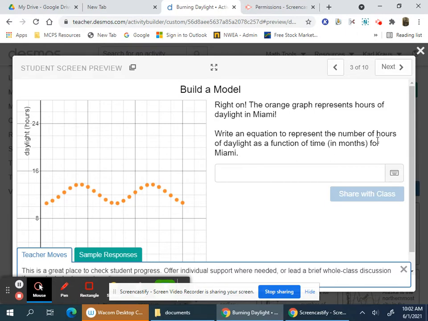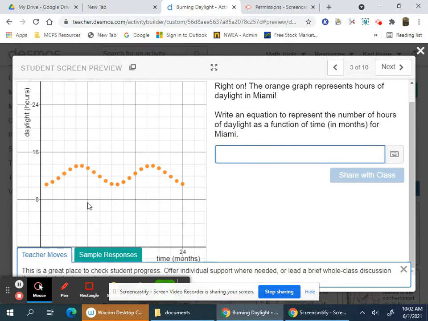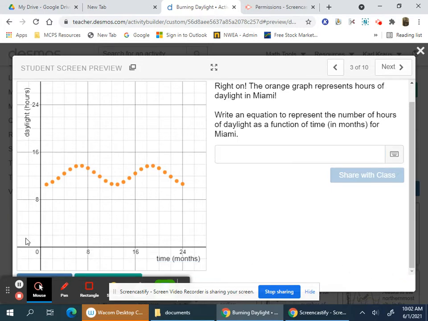Write an equation to represent the number of hours of daylight as a function of time for Miami. If I look at this, at time 0 it's a minimum. Counting 2, 4, 6, 8, 10, 12, it's about a 13-month period.